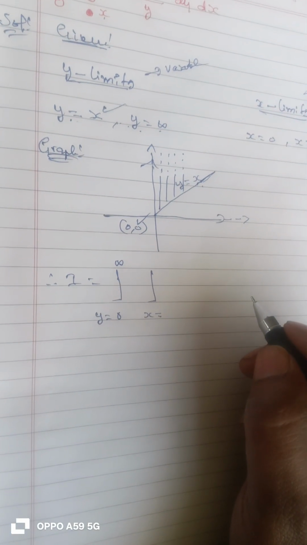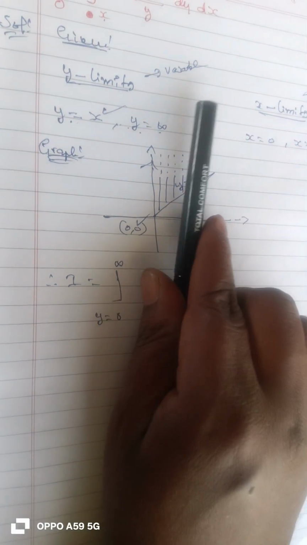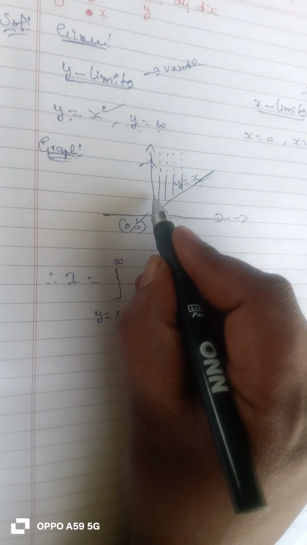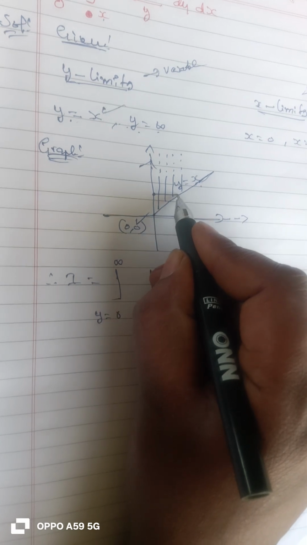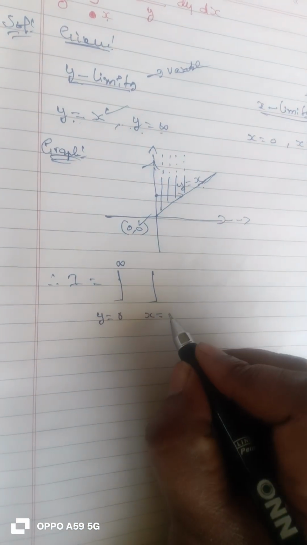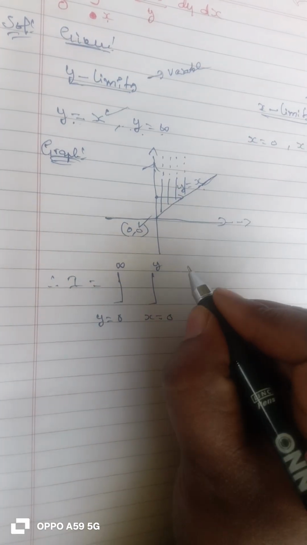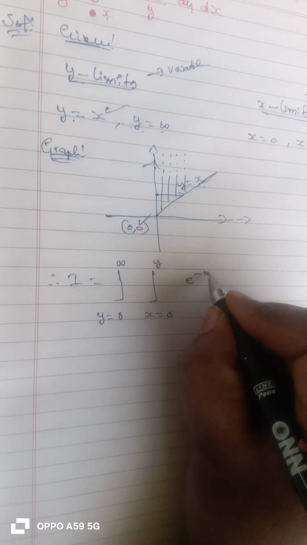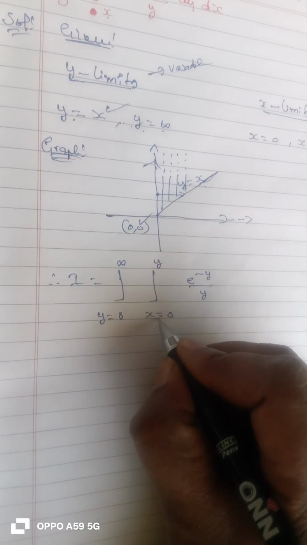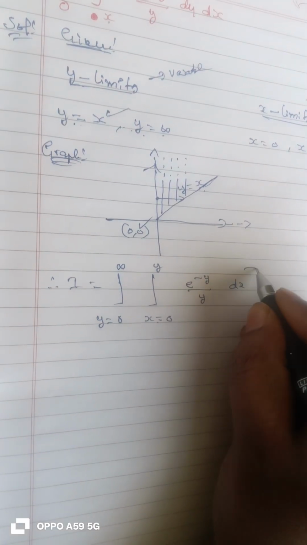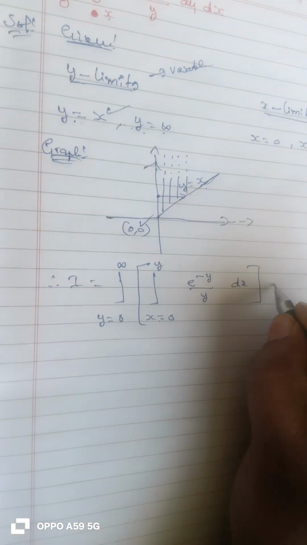Similarly, x axis, this is the lower point and it will reach up to this line. It means x is from 0 to, in this line, x is nothing but y. Function is e to the power of minus y divided by y, and here we have taken x, so this is dx.